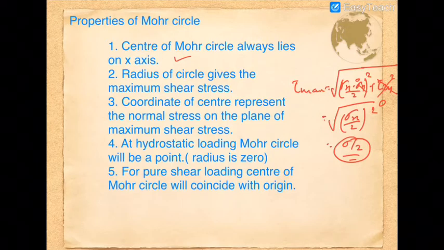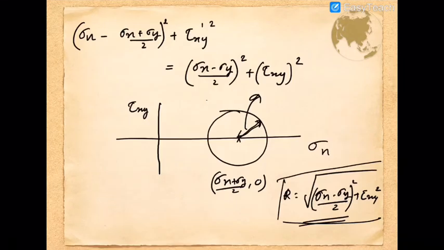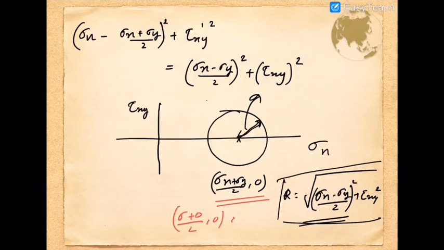Now coming to the coordinate of the center, it represents the normal stress on the plane of maximum shear. The coordinates of the circle center are given by (sigma x plus sigma y) by 2, 0. So the center we can find out as (sigma plus 0) divided by 2, 0, nothing but sigma by 2, 0.